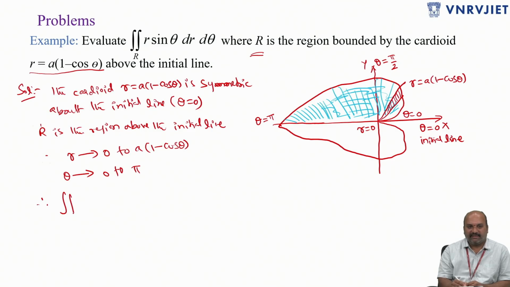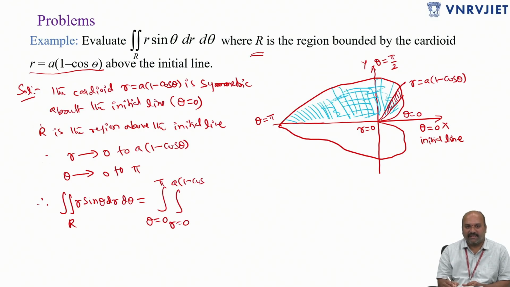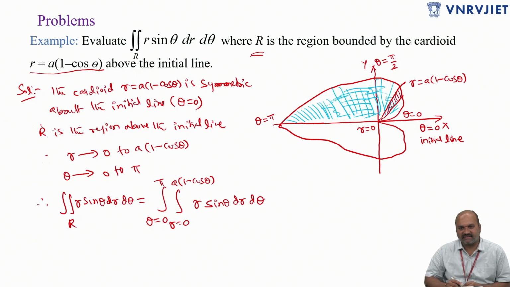Therefore, the double integral over the region R of r sin theta dr d theta equals the integral with theta from 0 to pi and r from 0 to a into 1 minus cos theta of r sin theta dr d theta. Of course, the r limits are functions of theta.